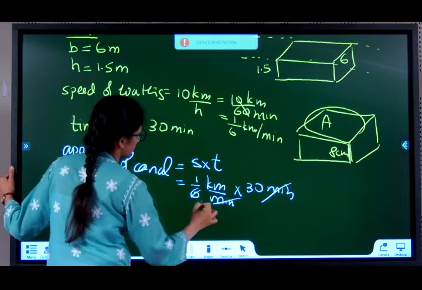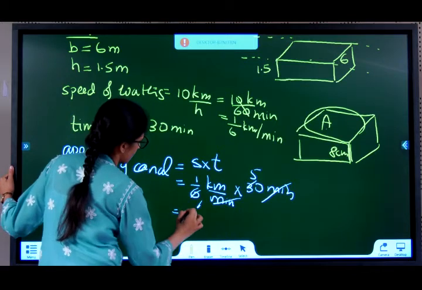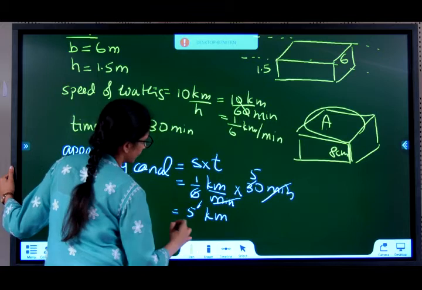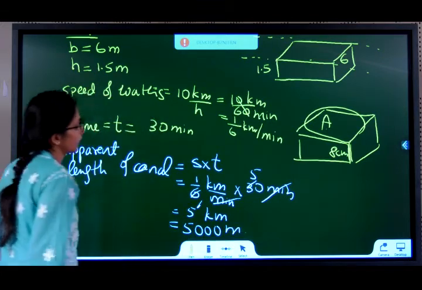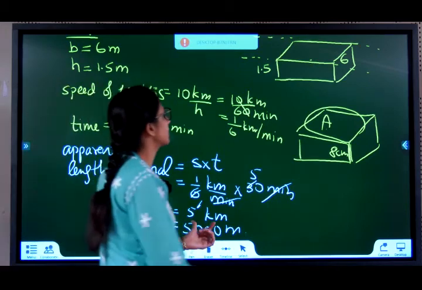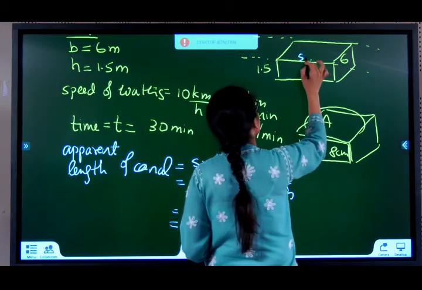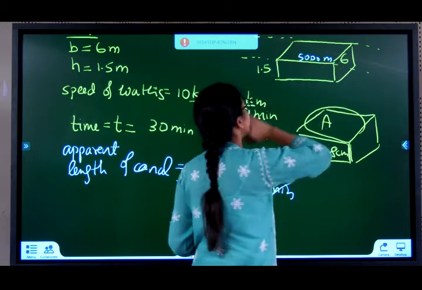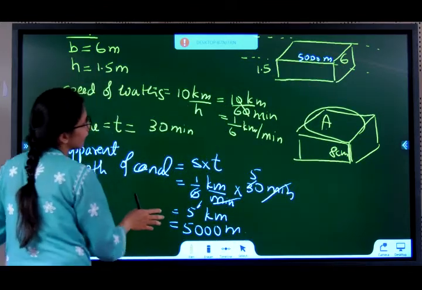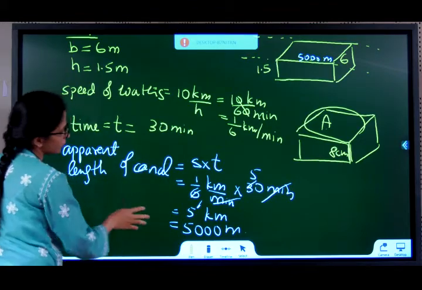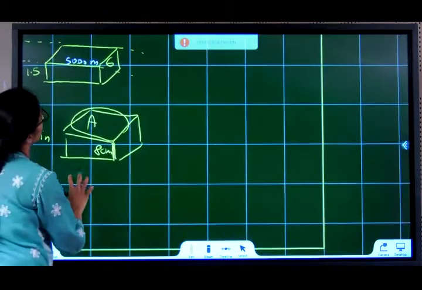Minute will go, 6 ones are 6, 6 fives are 30, so 5 kilometer. Convert everything to meters because everything else is given in meters. 5,000 meters. So length 5,000 meters, breadth 6 meters and height 1.5 meters. You have to find the area of the region that is irrigated.